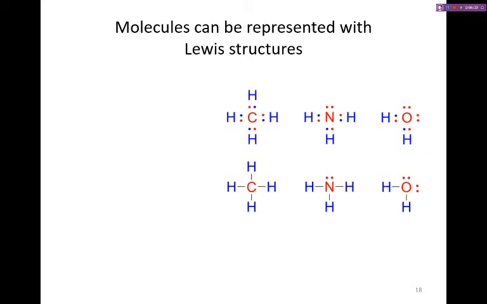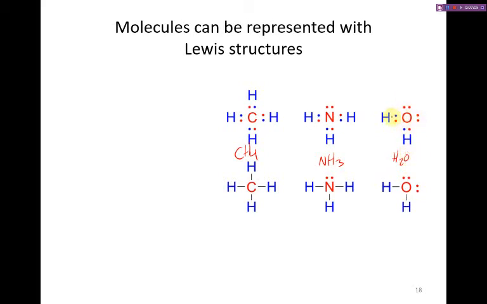Methane can be represented as carbon with a single bond to 4 different hydrogen atoms. Nitrogen has 5 valence electrons. It shares 3 of them to form NH3. And then water, oxygen has 6 valence electrons.